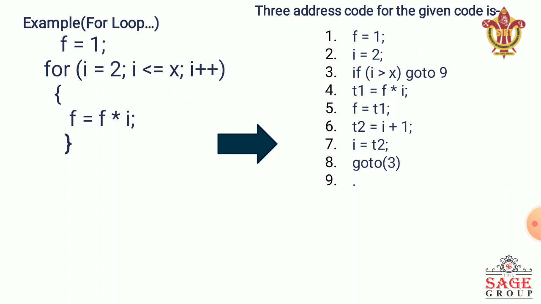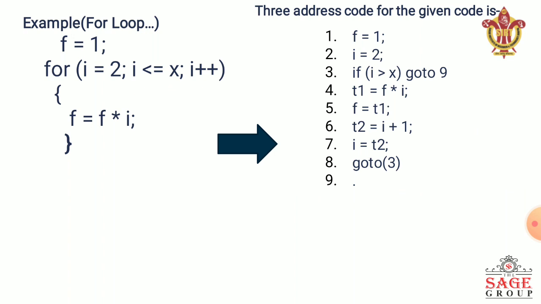So by this method we write if i greater than x, then go to 9. Nine is the last statement of our three address code. So if this condition is true, we apply the opposite rule here, and we go to 9.